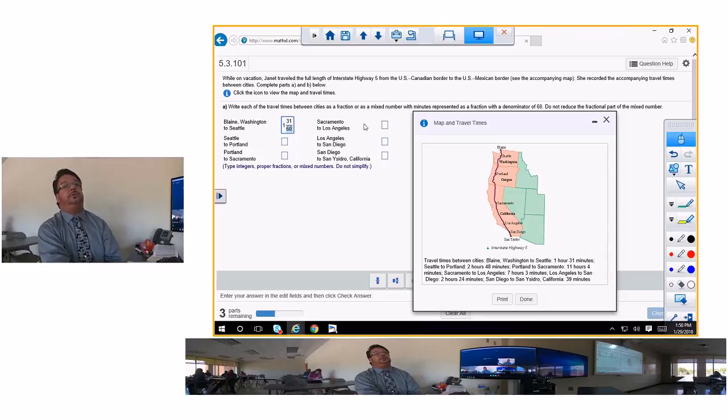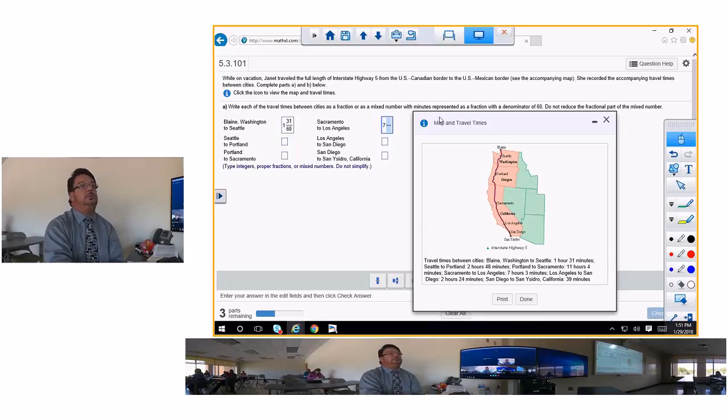Second question. Sacramento to Los Angeles. And I'm looking. Why couldn't they put this in a chart type form? Sacramento to Los Angeles. 7, 3/60, but 3/60 will reduce. 7, 3/60 will reduce down to 1/20th. Somebody help me out.